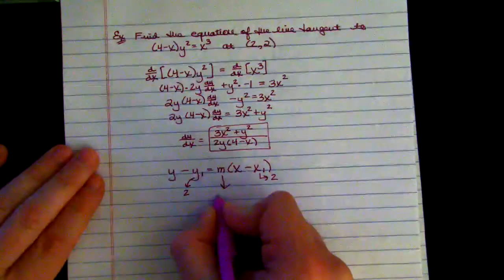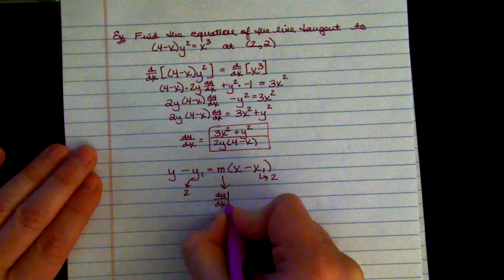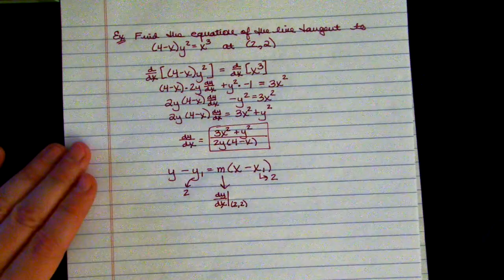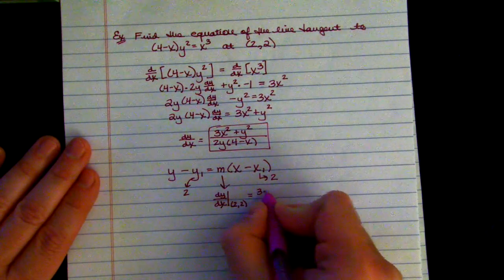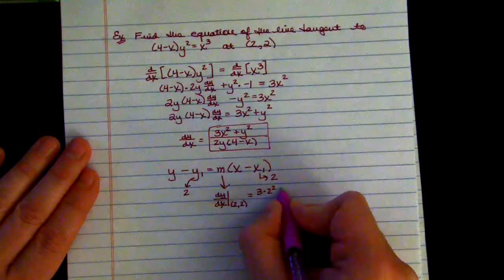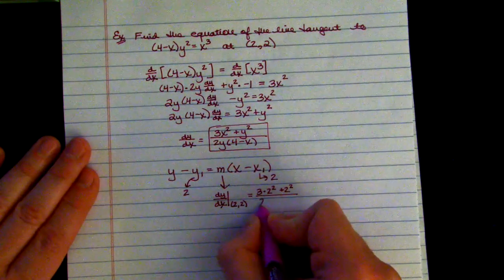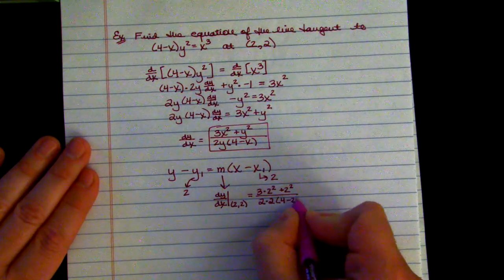The notation to show that I'm about to plug (2, 2) into dy/dx looks like this: dy/dx, a line, then 2, 2. And this is going to equal (3 times 2 squared plus 2 squared) over 2 times 2 times (4 minus 2).